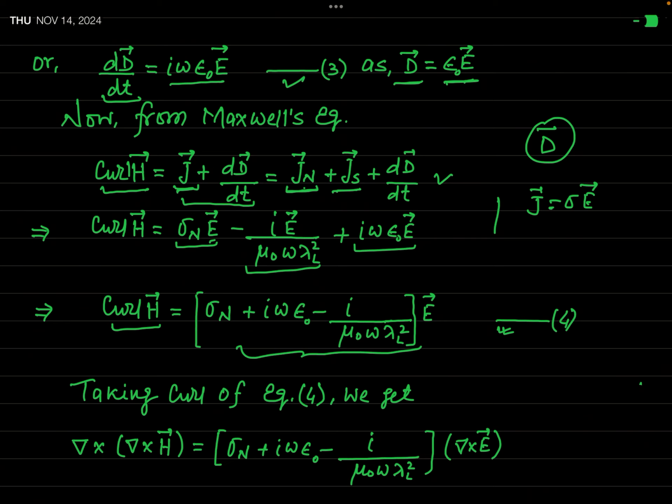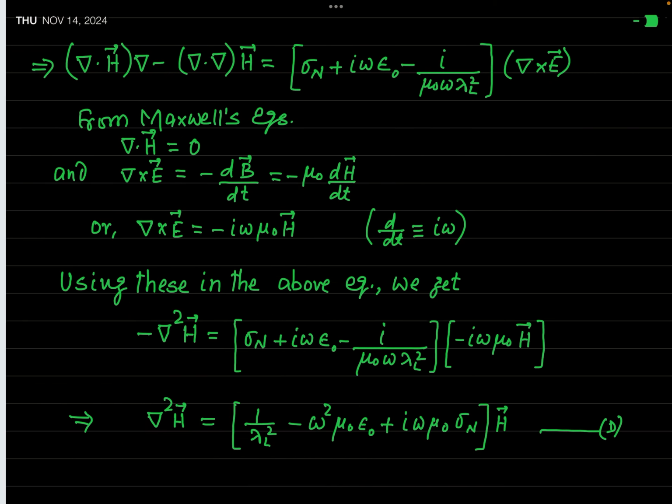So when you take curl of the LHS, what will that be? That will be del cross H. Del cross means curl. And in the RHS, this is a scalar factor, so it is outside of the operator, and this will be curl of E. Now from the definition of the triple vector product, you can express this LHS in this manner.